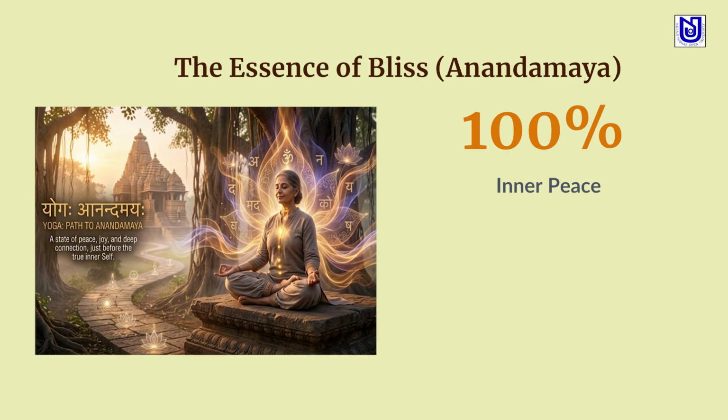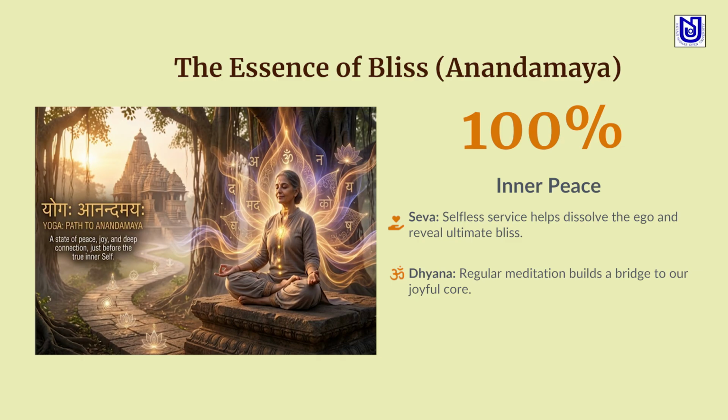The practice of bhakti or devotional practices that dissolve the ego or self-preoccupation, and sustained meditative absorption or dhyana can help us achieve inner peace and the essence of bliss of the Anandamaya Kosha. Therefore, mechanisms such as seva, selfless service, dhyana, regular sustained meditation, and Mona, that is silence, allow us to build internal bliss.